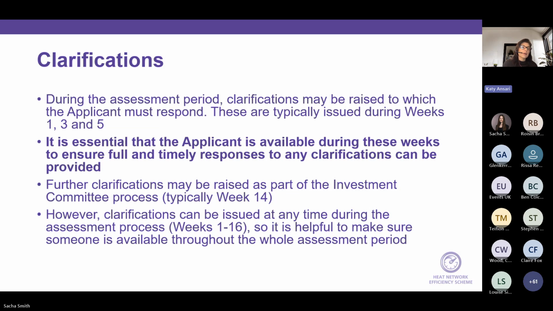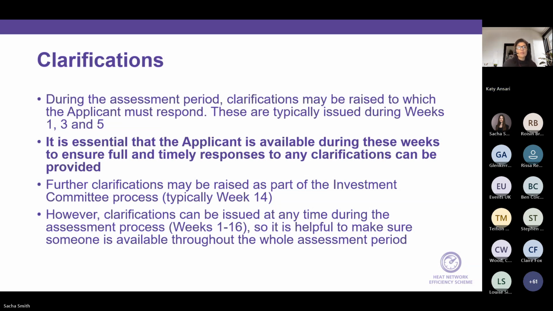We do also say further clarifications may be raised as part of the IC process, so the investment committee process, which is typically around week 14. Again, there can be quick turnarounds from the questions being provided to when we need a response. It's usually around 5 to 7 days, so it is important to be available.